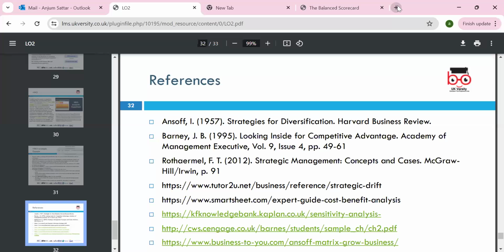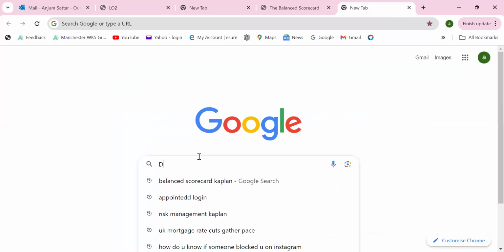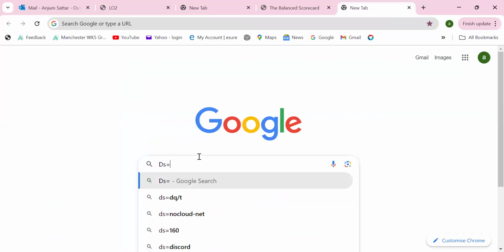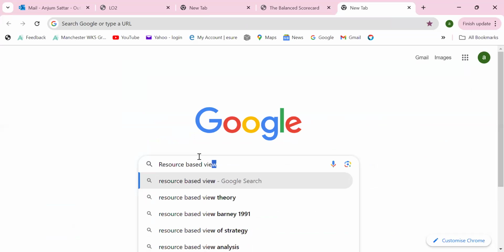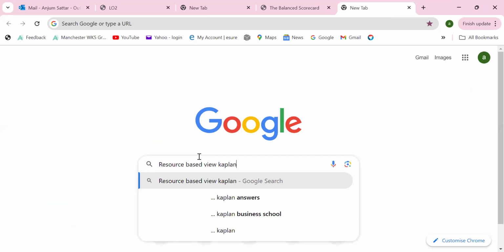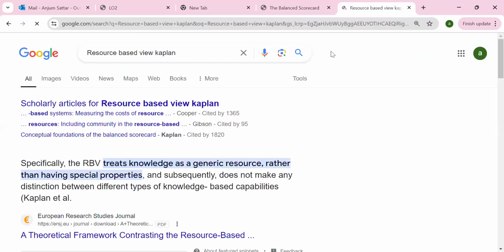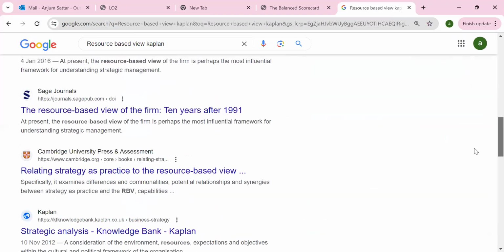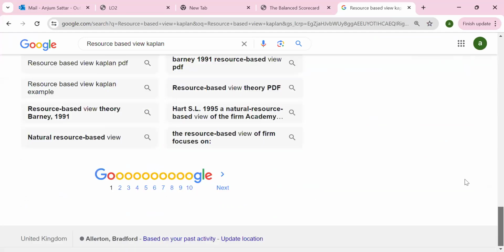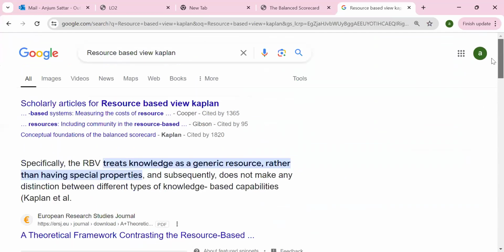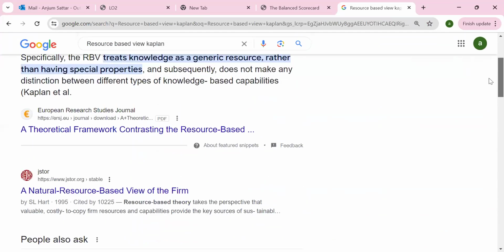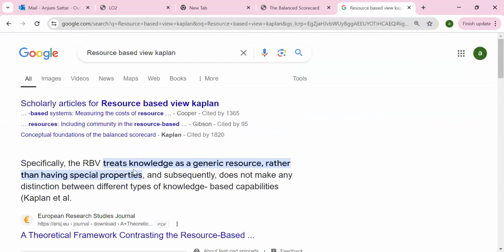Anybody, any question, please? So first you can search for the model. Okay, resource-based view, and you will find resource-based view and Kaplan. Kaplan is the publisher. Yes, so resource-based view is treated as knowledge and generic resources.